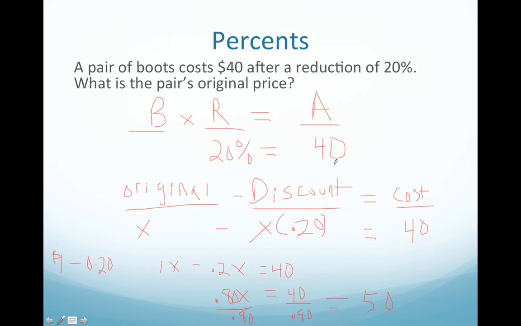Okay, so that's about right. Let's take this out right here. And if we put 50 here for my base, 50 times 20% will give me a discount of 10. And then if we take 50 minus 10, we come back up with 40 bucks.